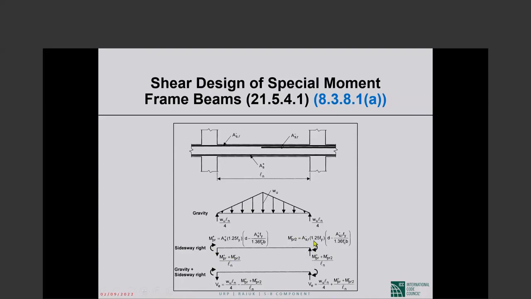So if this is a negative moment, we will consider the largest negative moment that can develop at this support section. We will consider the largest positive bending moment that can develop at the opposite support section. We will add the two moments together, divide by the clear span. That will give us the largest shear here. And on top of that, we will add the shear caused by gravity sitting on the beam.